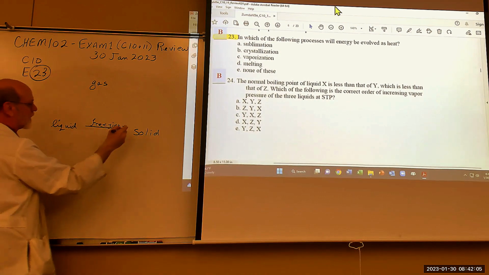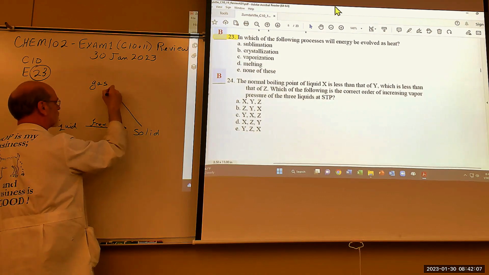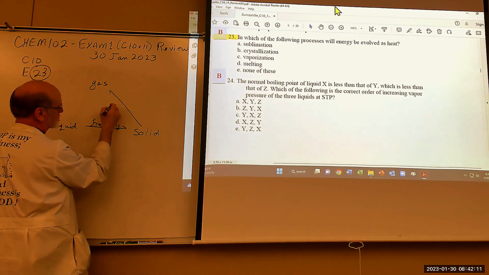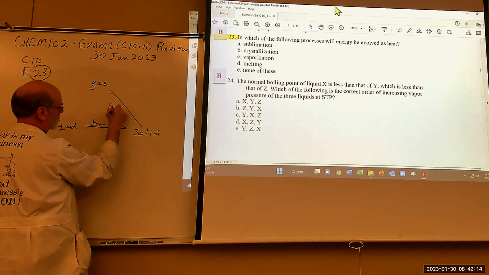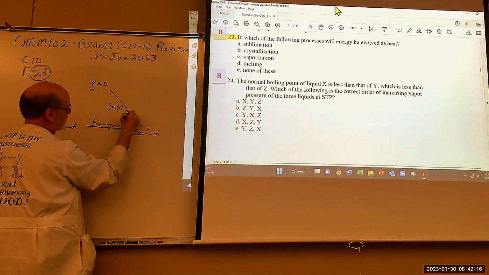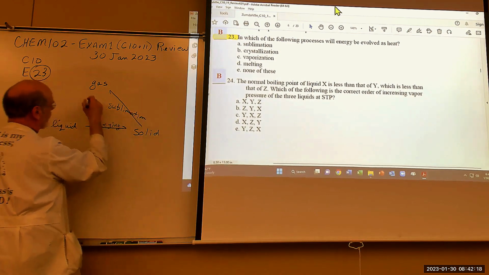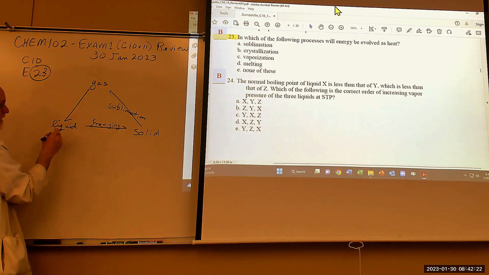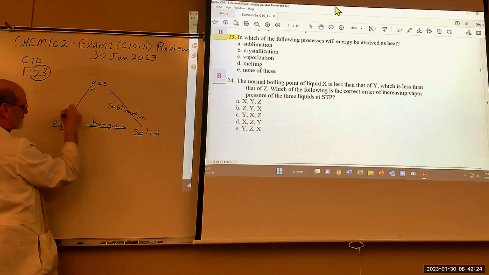Or we can go from solid to gas, and that would be sublimation, correct? Or we can go from gas to liquid. And we've talked about that one already. That's condensation.